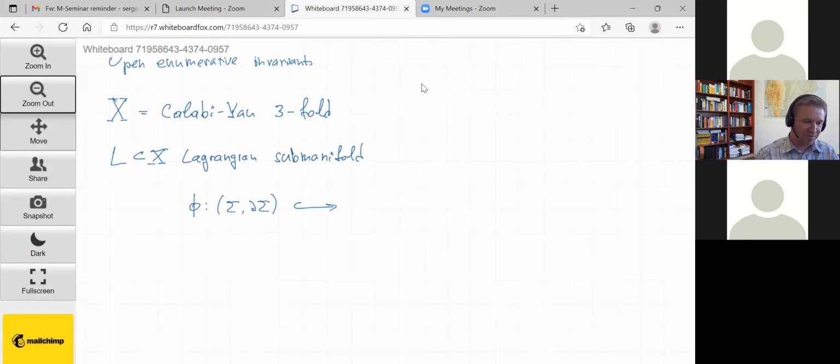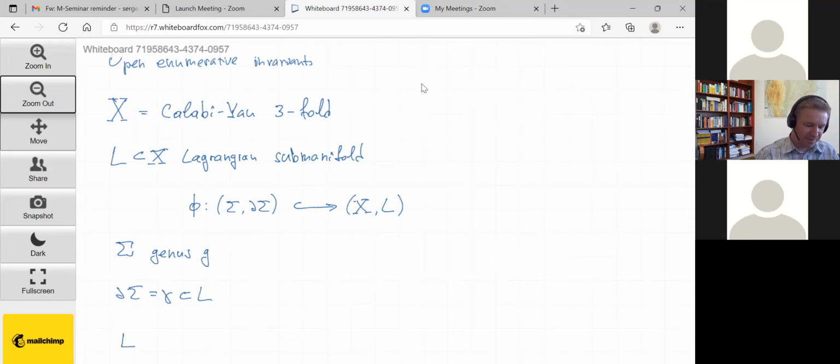I'll call the curve sigma, landing in X and such that the boundary lands in L. So sigma has some genus g, and it has a boundary. Let me call the boundary gamma, which sits inside L.